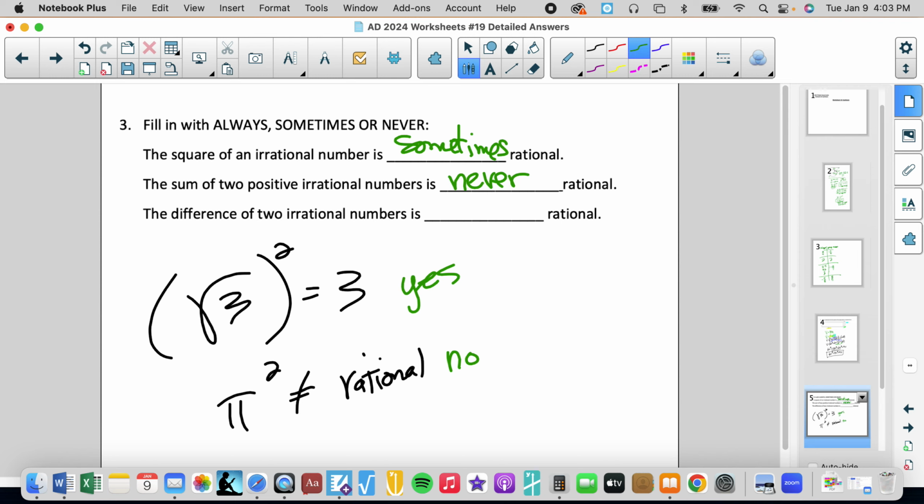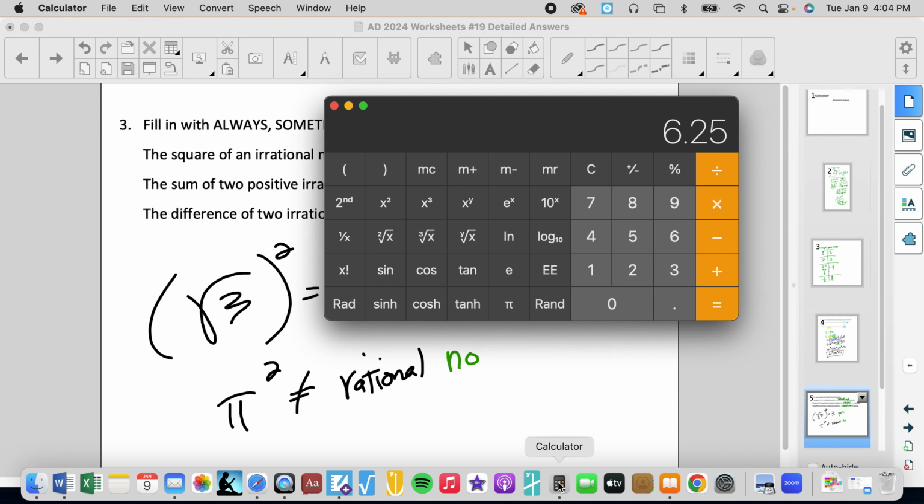The difference of two irrational numbers is sometimes. I think that's sometimes also. I'm going to say that's sometimes rational because they will cancel each other out. You know what I mean? If you have, let's do the square root of 3, which is irrational, and I minus 2 rad 3, that's going to give us a rational number.